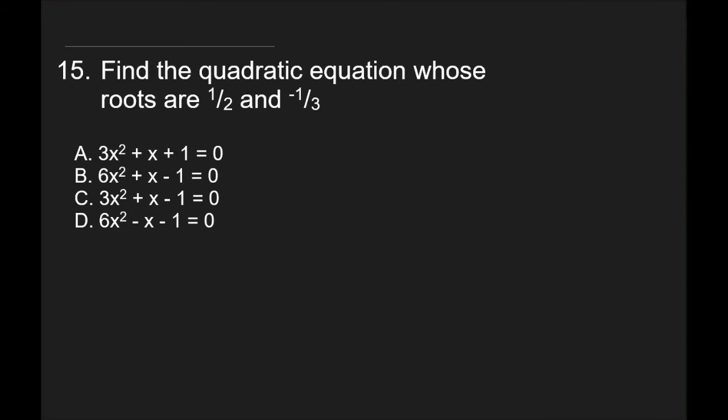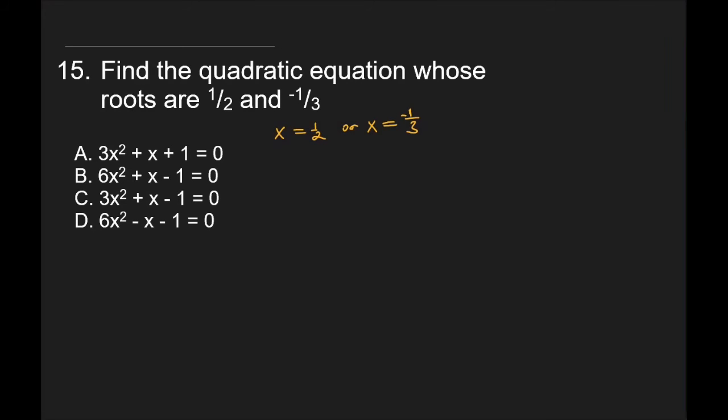Question 15. Find the quadratic equation whose roots are 1 over 2 and minus 1 over 3. Now, if the roots are 1 over 2 and minus 1 over 3, it means x is equal to 1 over 2, or x is equal to minus 1 over 3.